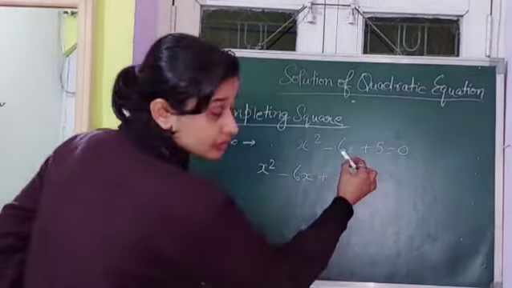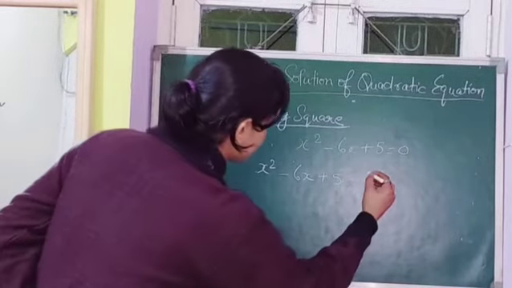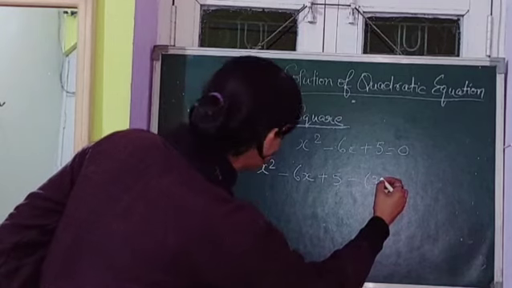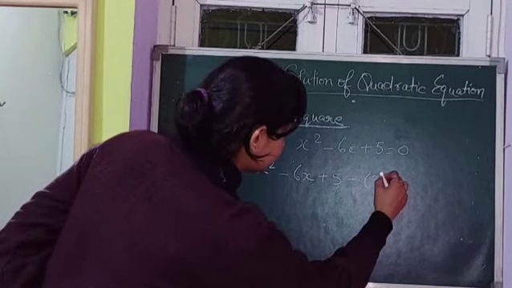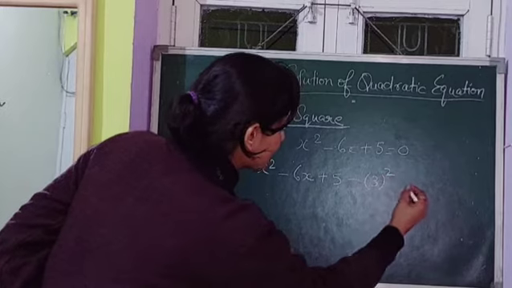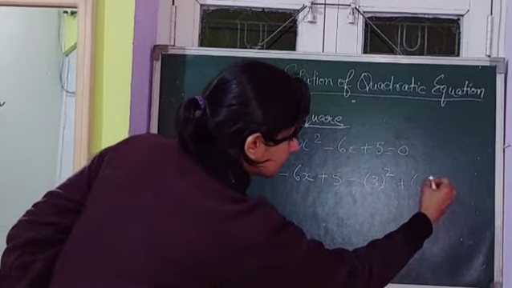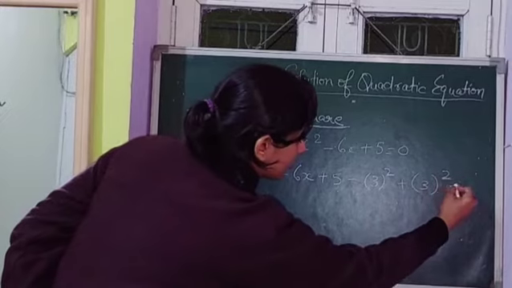So half the coefficient of x is 3. So 3 square, and plus 3 square equals to 0.